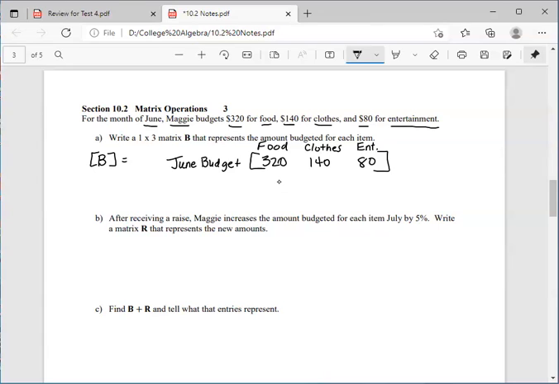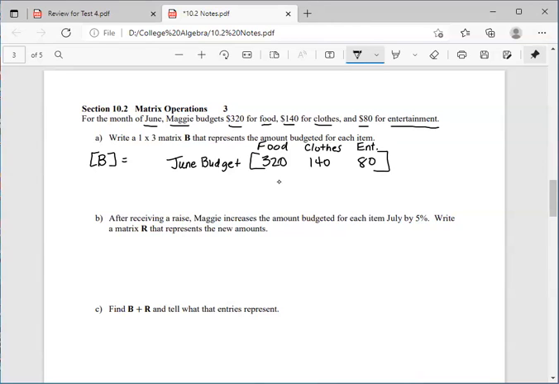Now, businesses use this kind of organizing things a lot, especially in an Excel document, because they're making estimates about a lot of things, not just one person's budget. They're having to do a lot. So that's one of the applications that we actually use a lot in math and computer programming.